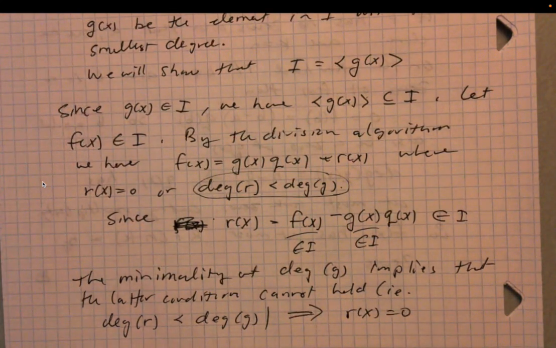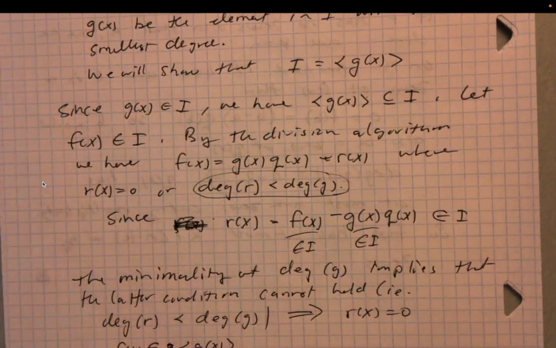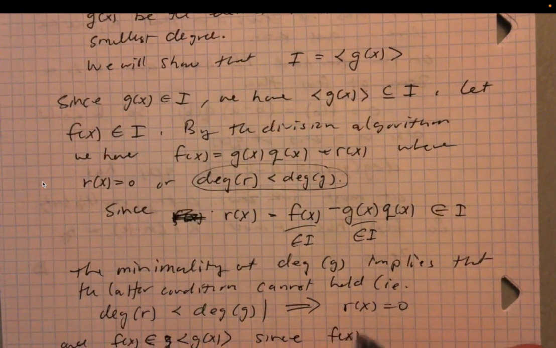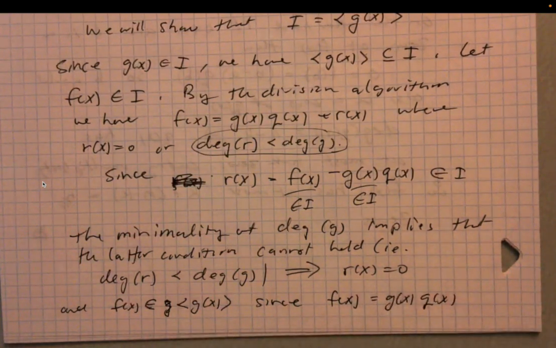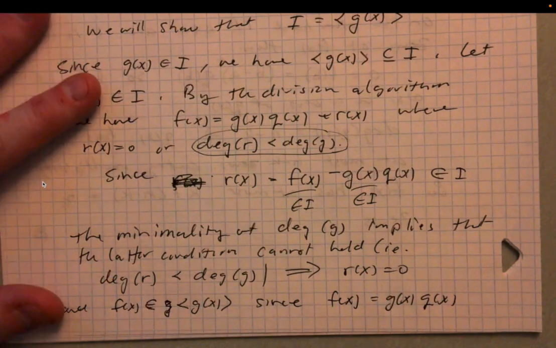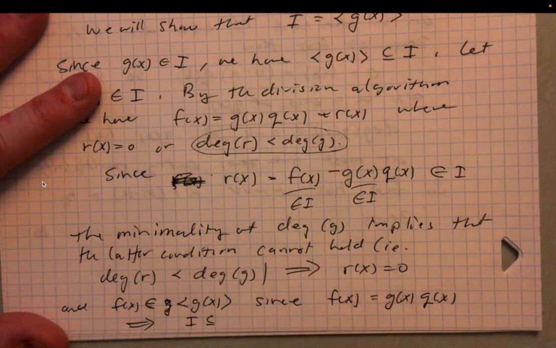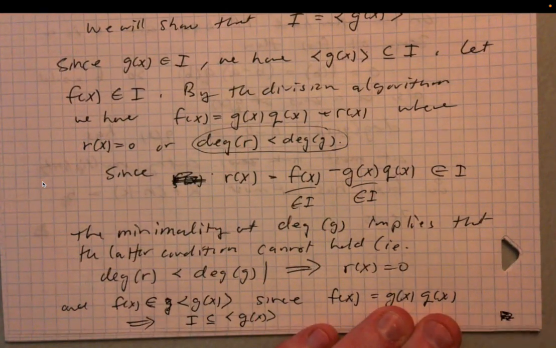Then we would say f(x) is in the ideal generated by g(x), since f(x) equals g(x)q(x). This gives us what we need. So the ideal is a subset of the ideal generated by g(x), which is exactly what we needed.